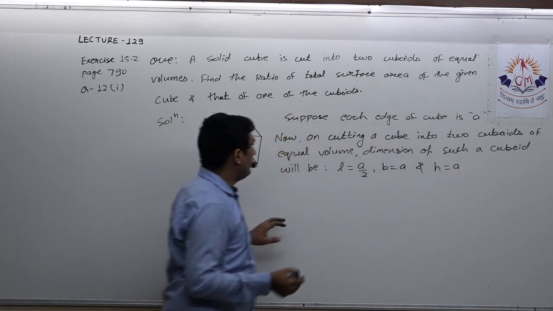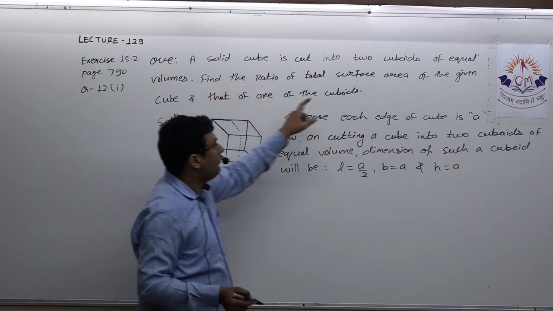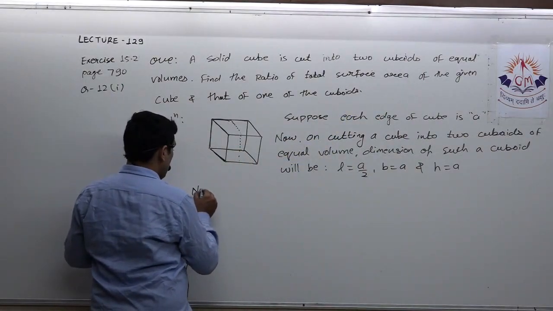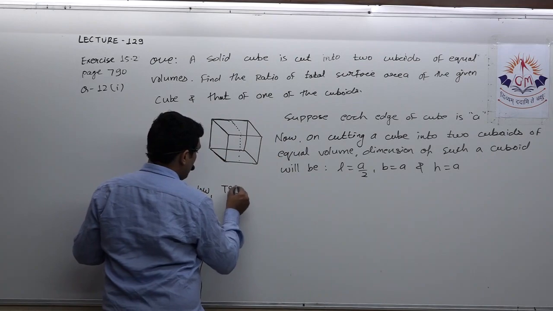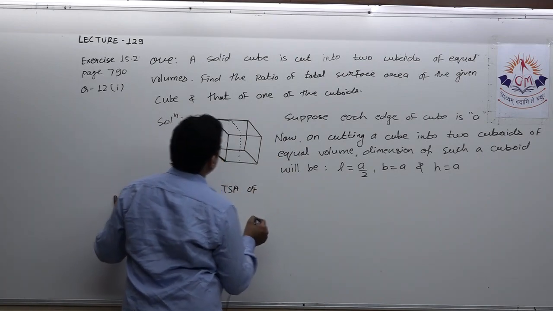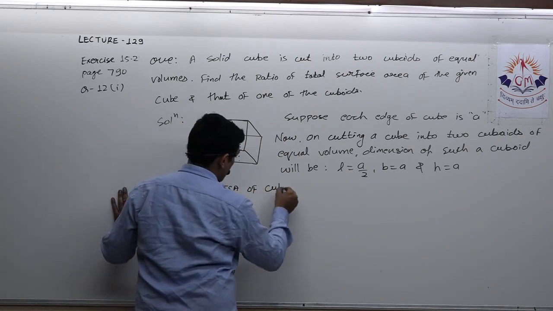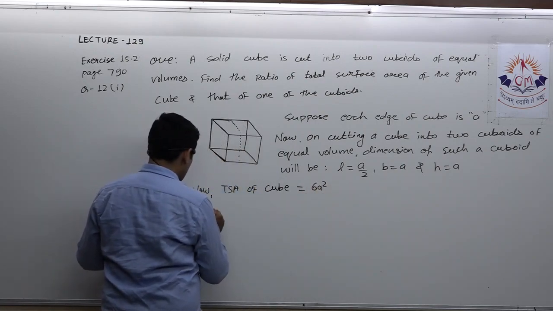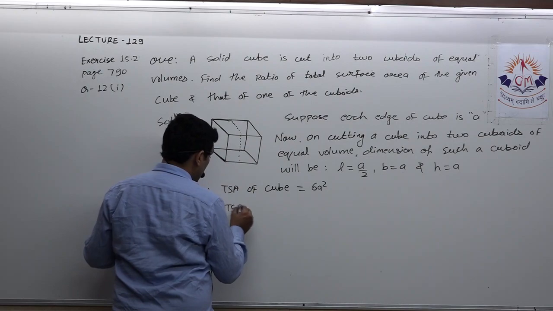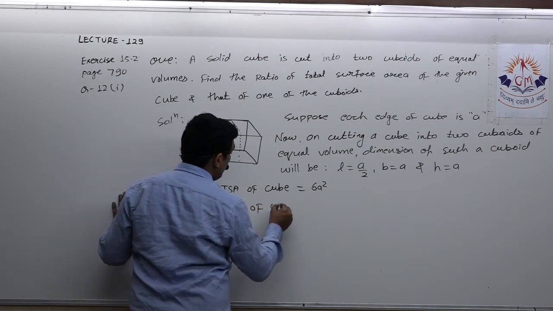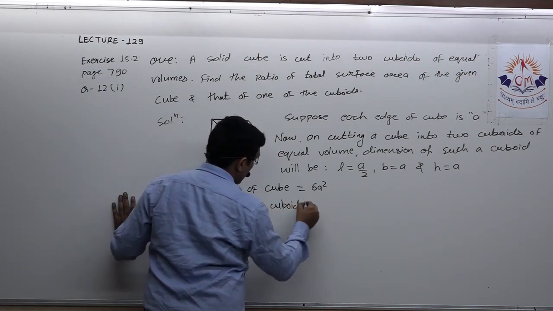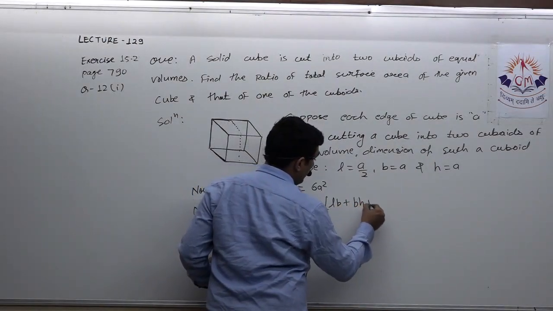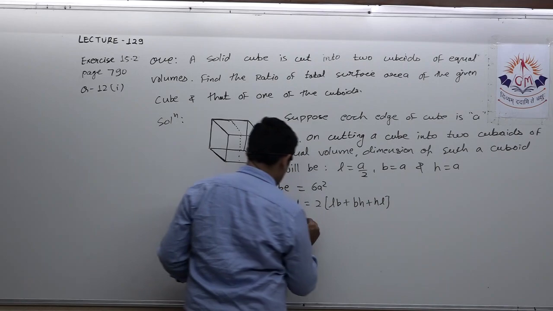Now what we have to find is the ratio of the total surface area of these two. TSA of the cube is equal to 6A square. Now TSA of the cuboid is twice of (LB plus BH plus HL).